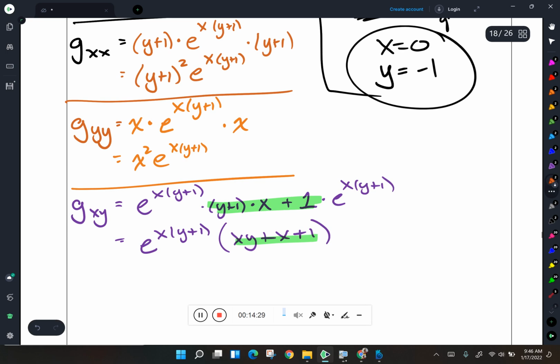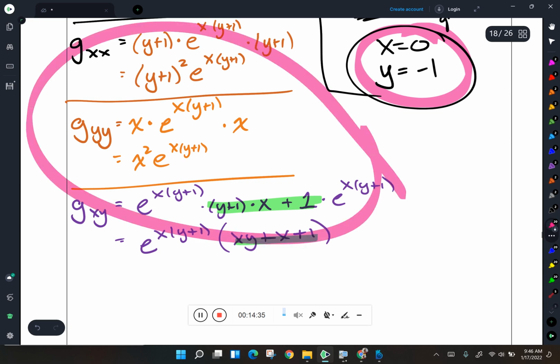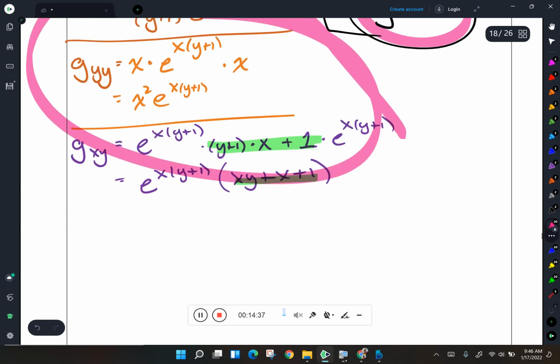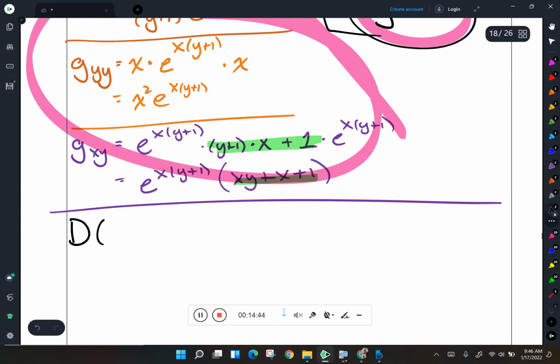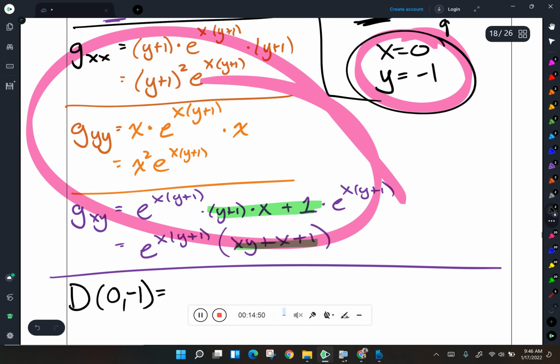Okay. Now I need to take my candidate point, my partial derivatives, and make it into the discriminant. All right, so the discriminant for the point 0, negative 1 is going to be g sub xx at the point 0, negative 1. But remember, I'm lazy here.